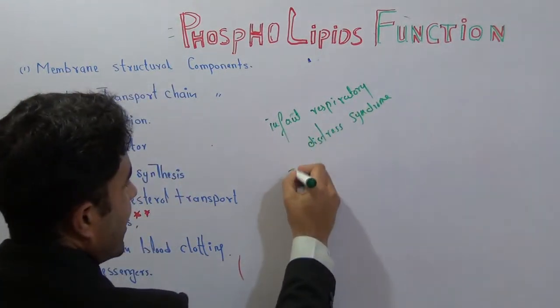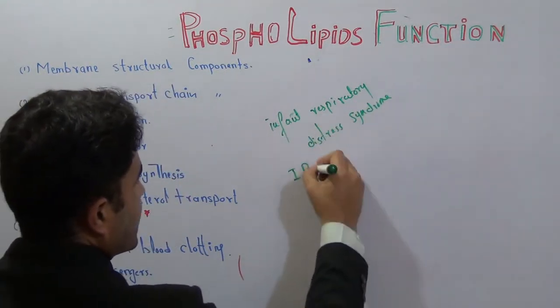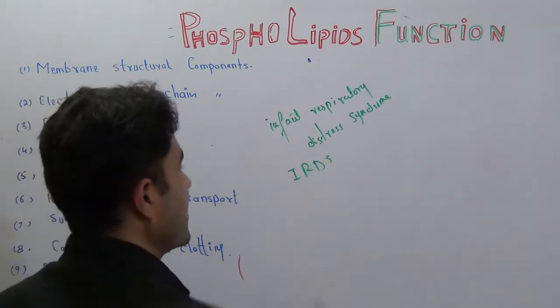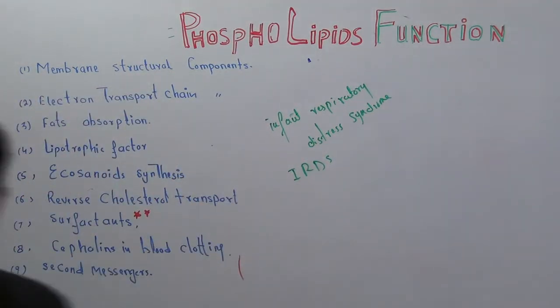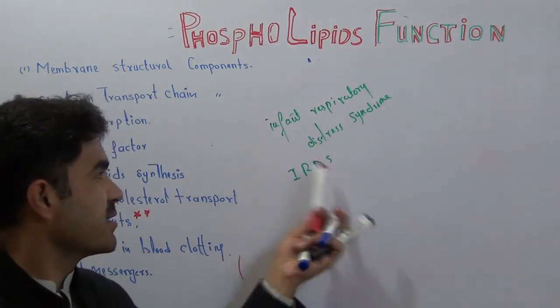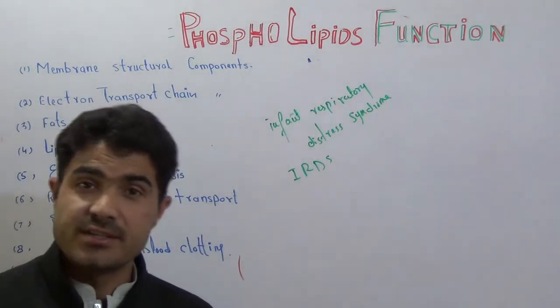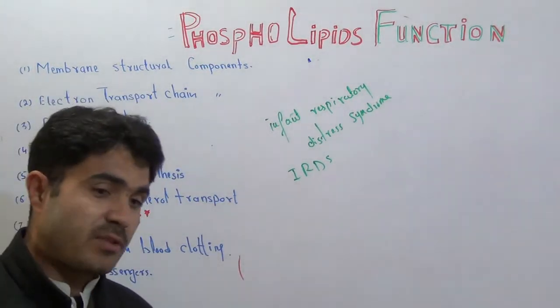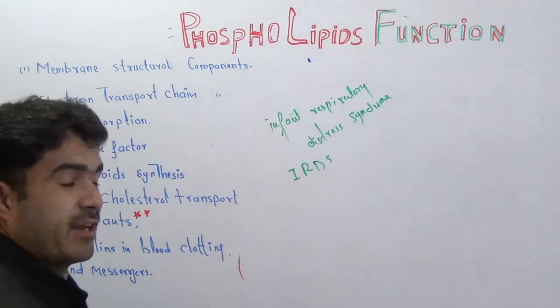So infant I, respiratory R, distress D, syndrome S, IRDS. Infant means kids, children. Respiratory distress syndrome is a disease that some children suffer because they have less surfactant.